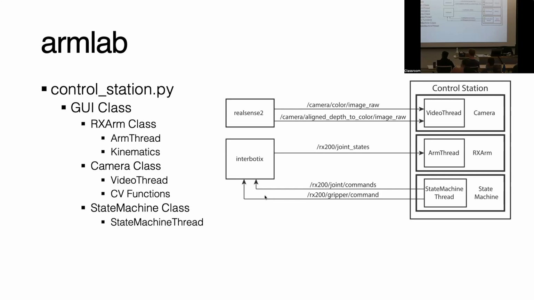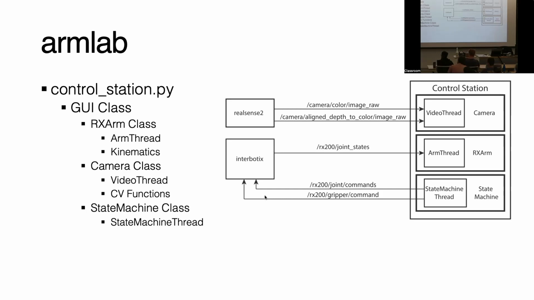You have the camera code that's running a video thread that's reading in the images and doing all the computer vision stuff. You have the RxArm code that's running the arm thread that's getting all of the joint information from the arm. It's just reading in the joint states.